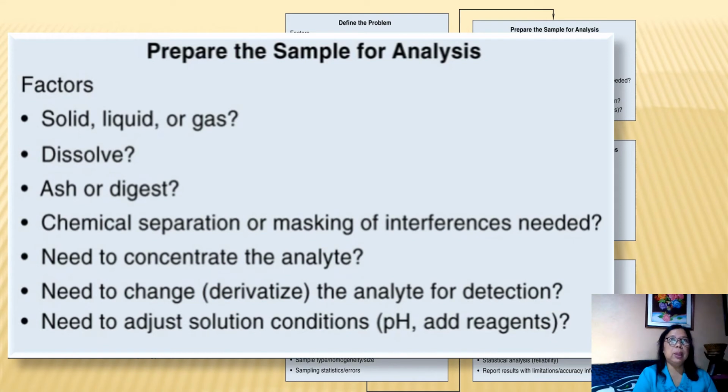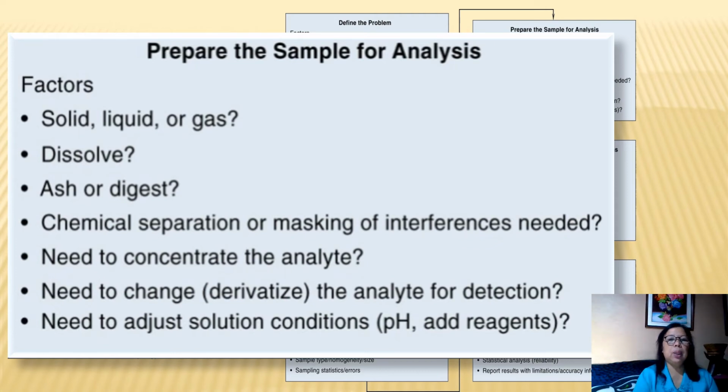If it is a solid sample, does it require immediate action like dissolving this or adding a certain solvent? And then in the lab, do we need to ash this to remove extra moisture? Do we need to digest this in order to separate the nitrogen or to separate the fat present?